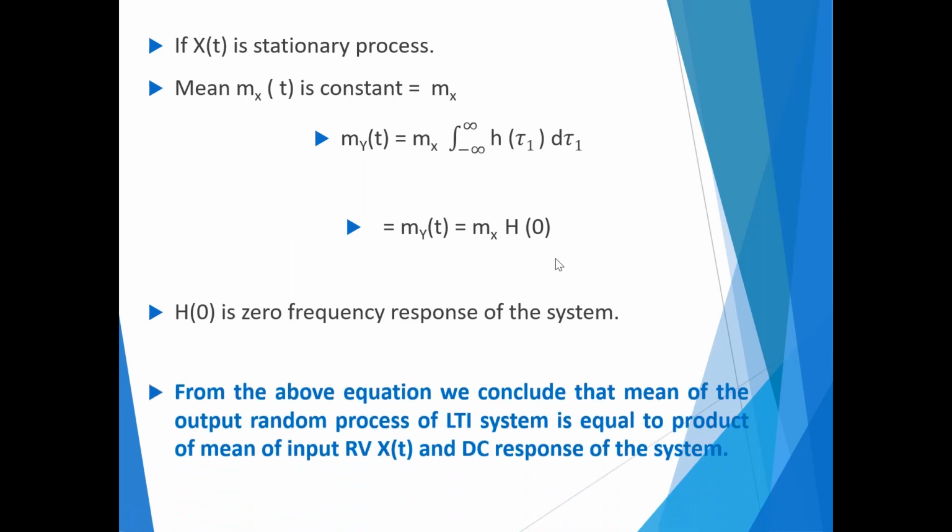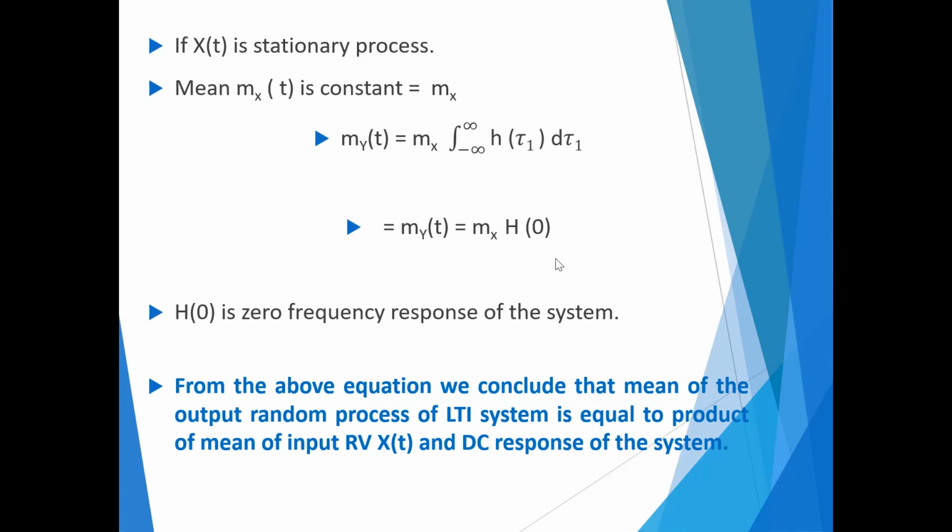So, from the above equation, we can conclude that the mean of the output random process of an LTI system is equal to the product of the mean of the input random process x(t) and the DC response of the system. Why is it considered as the DC response of the system? Because we are using h(0), which is the zero frequency response of the system.